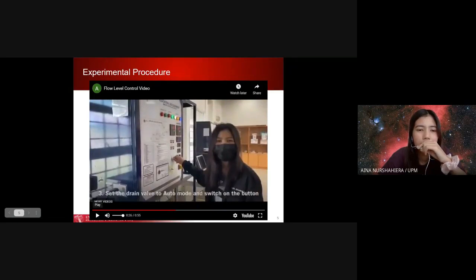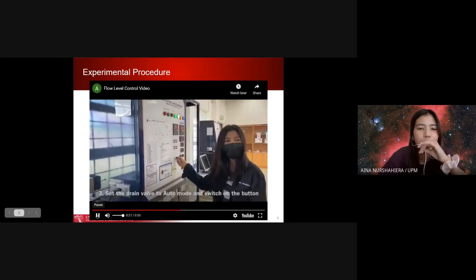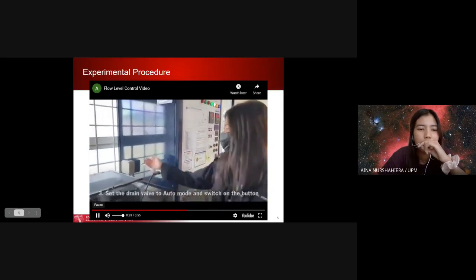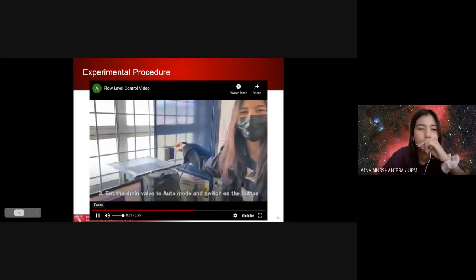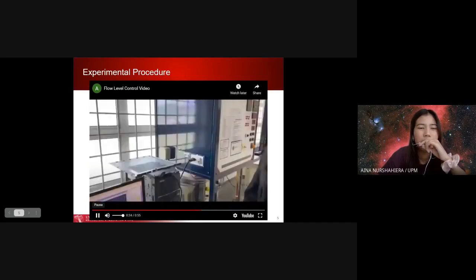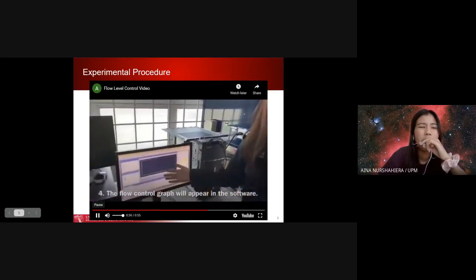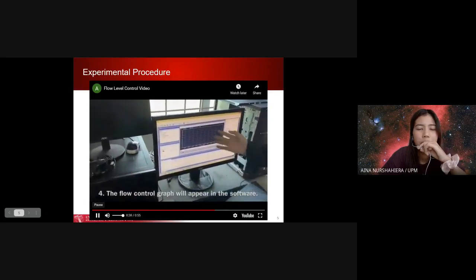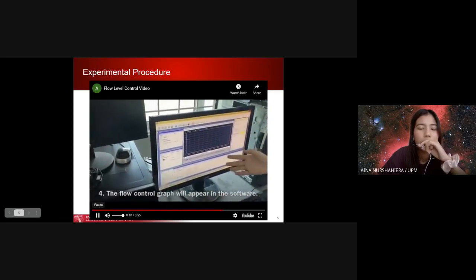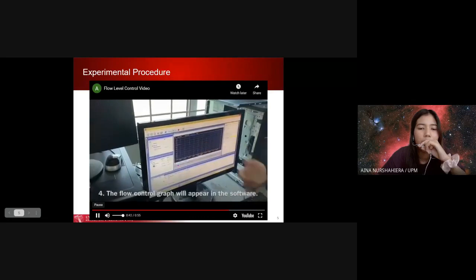Then the drain valve is set to auto mode, and we switch on the button at the side of the equipment. The flow control graph will appear in the software after a short while.